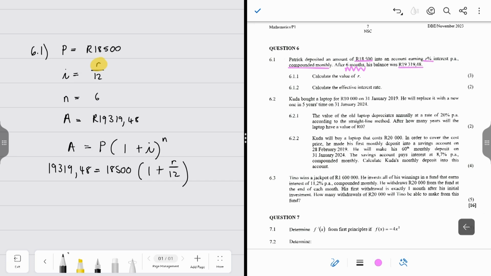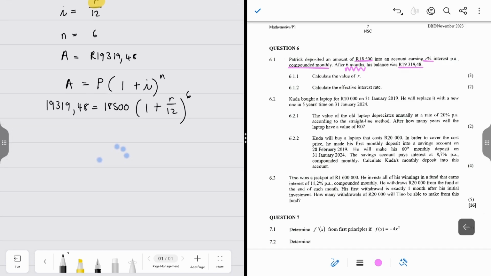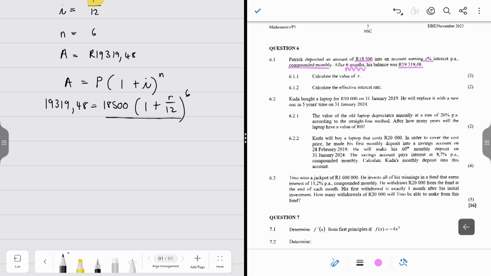And we know that our N is 6. And now we're going to divide by 18,500 on both sides to get rid of the 18,500 on the right-hand side. We are trying to find R.